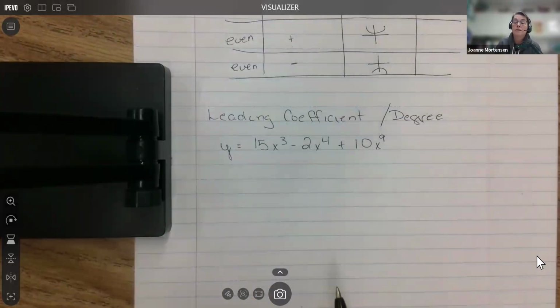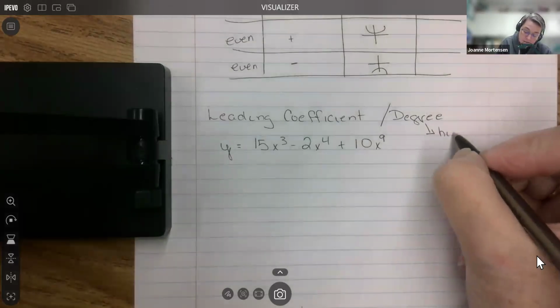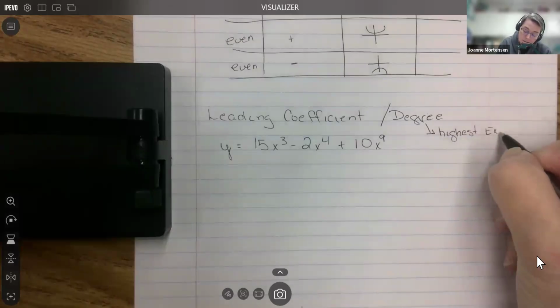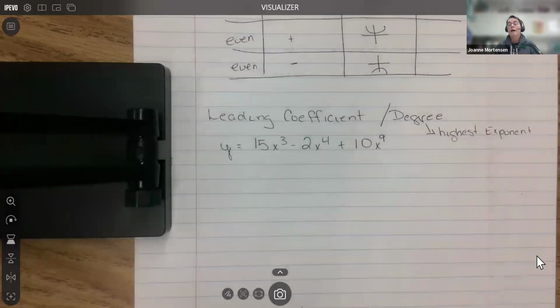All right. So first thing you do is you look for the highest exponent. Now, if it's a nice assignment or if I set the right check boxes on it, it will be the first term. But you just look for the highest exponent.